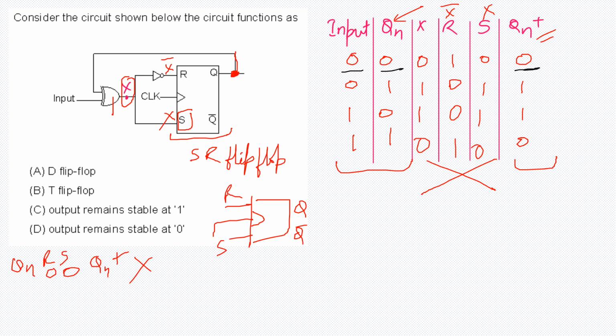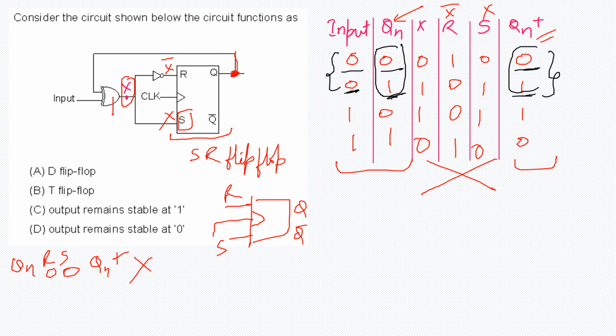If your present input is 0 and your Qn is 1, then it will be 1. So when your input is 0, whatever your present state is, that same state will be your future state. Your output is going to be the same as your present output.